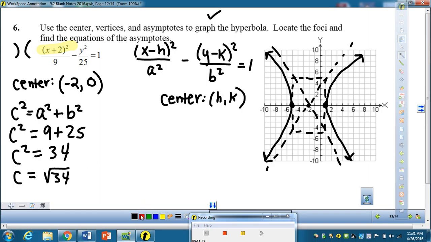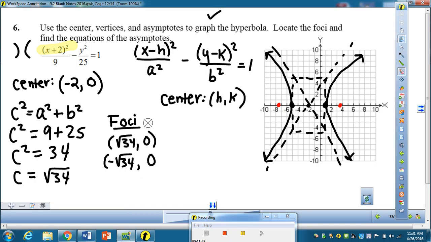So if you think about the location on the graph, if you start at your center and count 1, 2, 3, 4, 5, a little more than 5 spaces in that direction. And then on the other side, 1, 2, 3, 4, 5, it's going to be about 5.8. So we're just kind of estimating the location. We see that the foci are both x-intercepts, and so we're going to write them as x-intercepts. So we've got square root 34, comma 0, and negative square root 34.